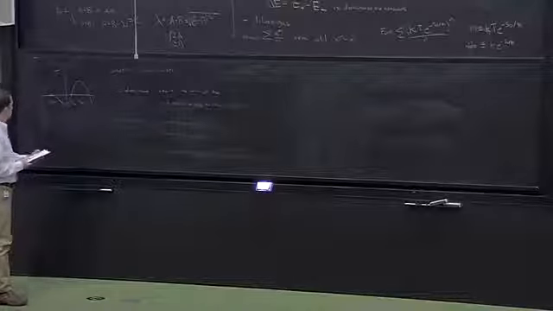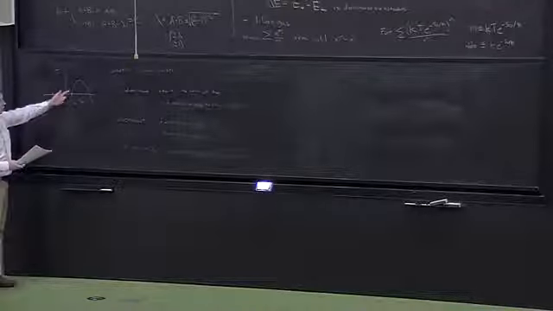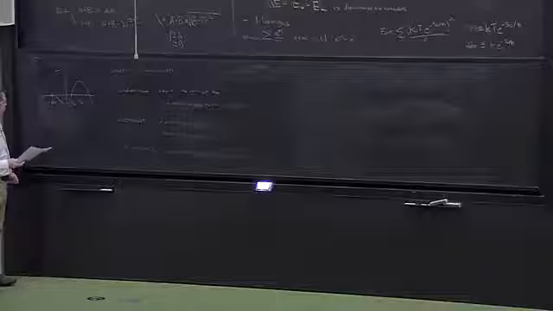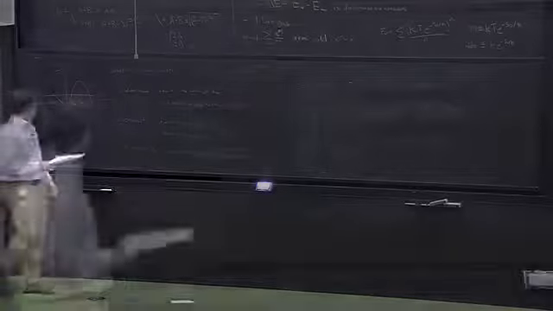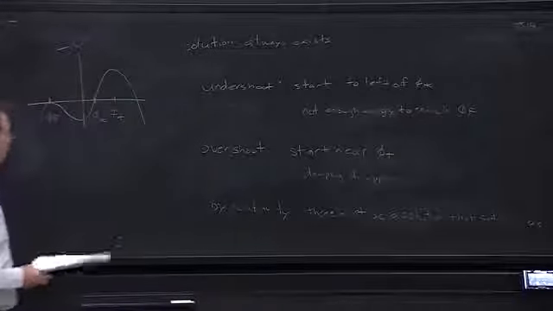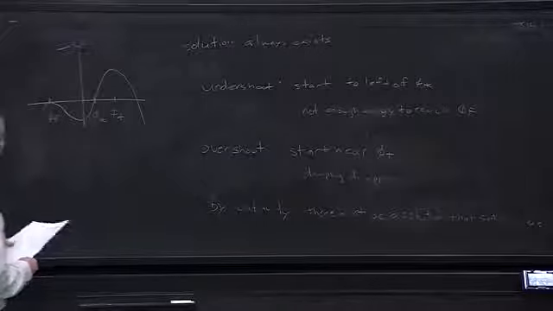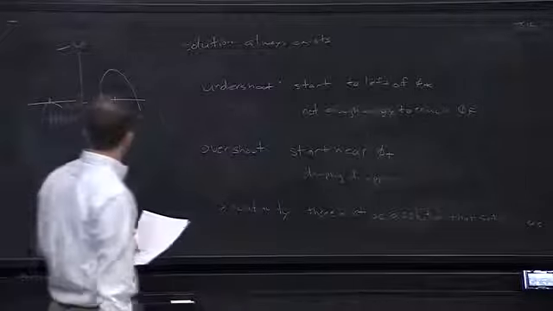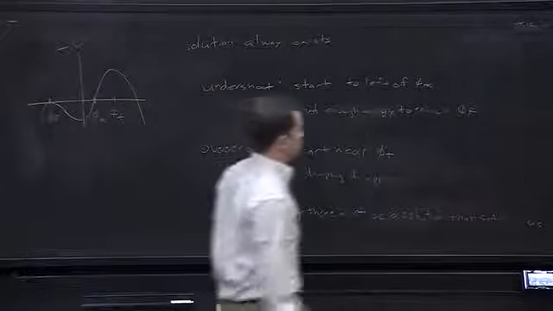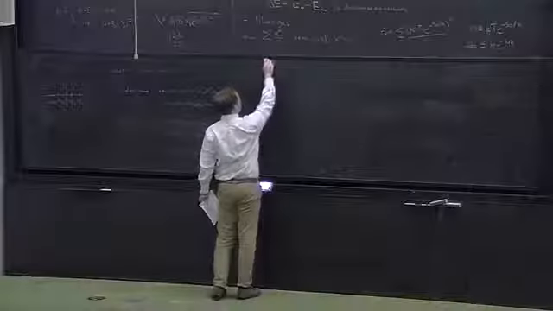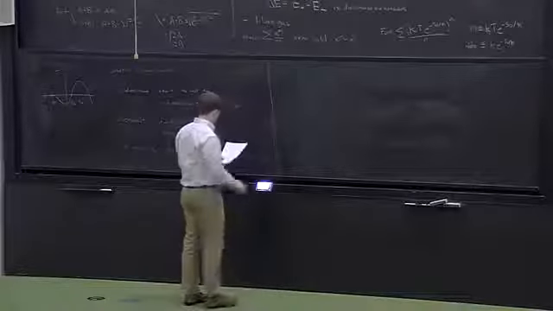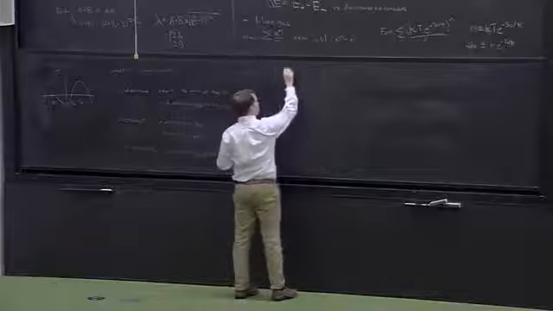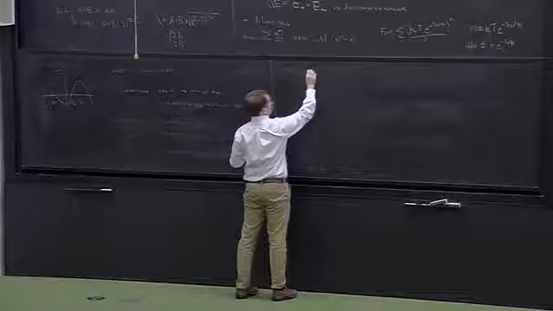Okay. So there's always some solution that works. And finding it in general is difficult, but there's one limit in which we can say something about what it looks like analytically. That's the so-called thin wall limit.